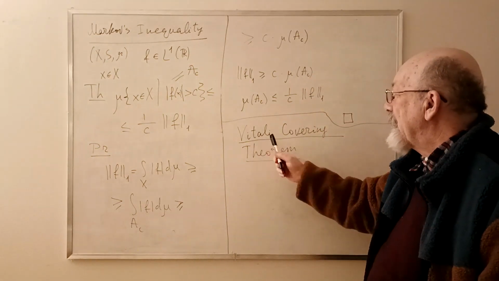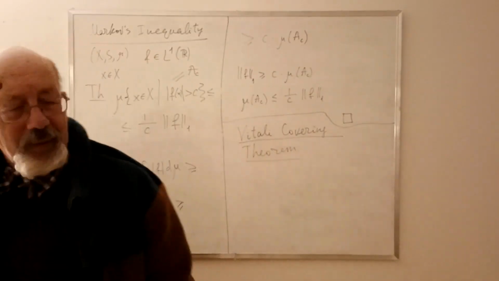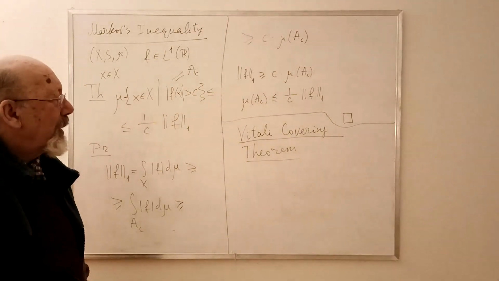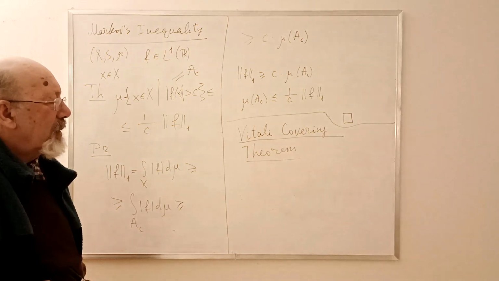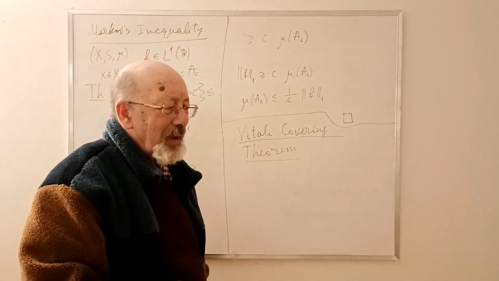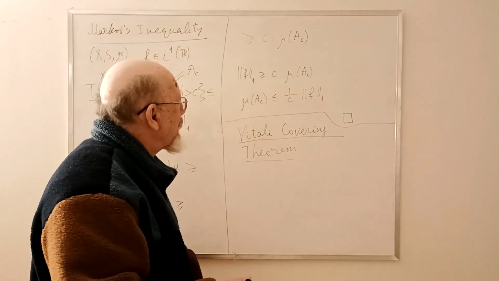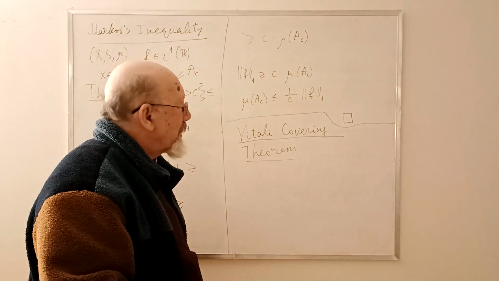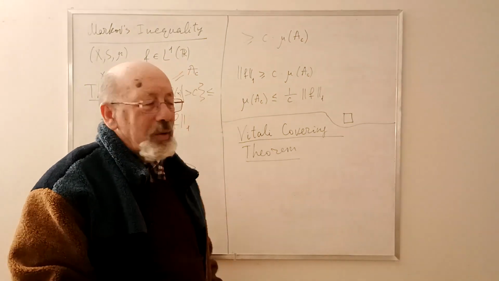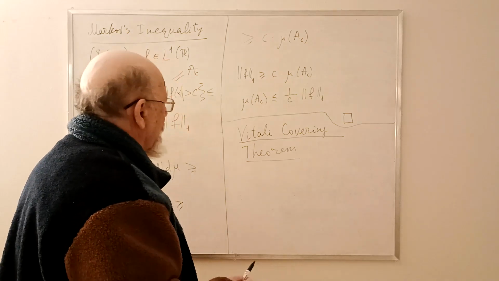We have already met this name. This is the author of the example of a non-measurable set. Definitely this man has a great imagination. So this is also a very beautiful imaginative thing.